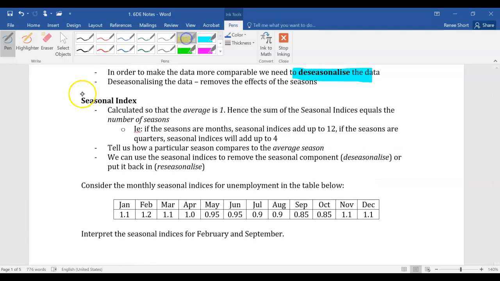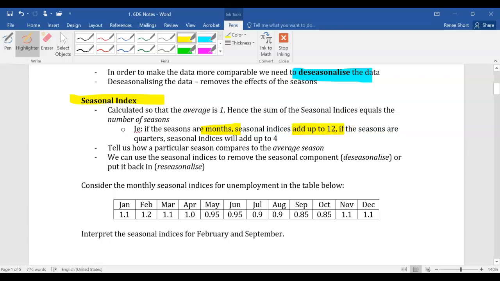In order for us to deseasonalize this data, the first step that we need to do is look at the seasonal index. Now, seasonal indices, that's the plural of index, are calculated so that the average is 1. And this means then that the sum of the seasonal indices will add up to the total seasons. So when you create these seasonal indices, or sometimes they'll be given to you, if the seasons are months, remember there's 12 months in a year, so if you add up all of the indices, they will add up to 12 in total.